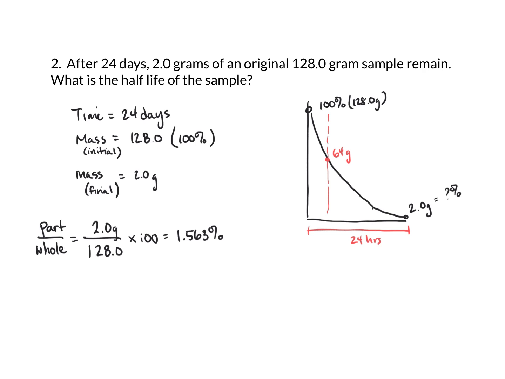Now again, that's actually one of the numbers. Okay, we know that this is 50%. All right, and then if we just look at our graph, we know that it goes 100, down to 50, down to 25, down to 12.5, down to 6.25, down to 3.125, down to 1.5625, which is basically 1.563.